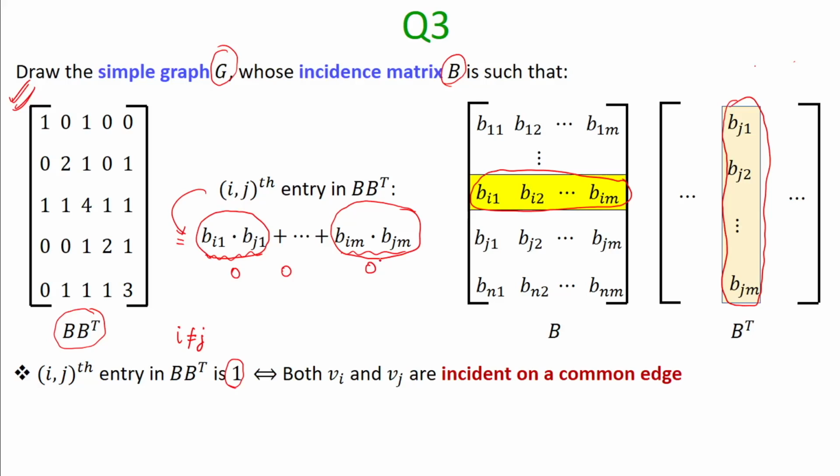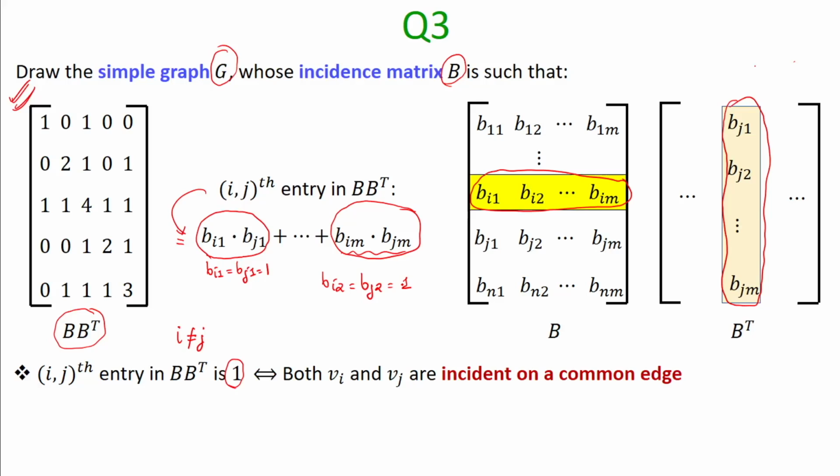So the i comma jth entry is 1 only if you have bi1 equal to bj1 equal to 1. That means the vertex i and vertex j are the endpoints of edge number 1. Or bi2 equals bj2 equals 1, which implies that the ith vertex and the jth vertex are the endpoints of edge number 2, and so on.